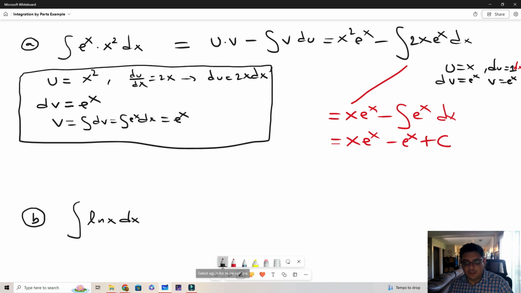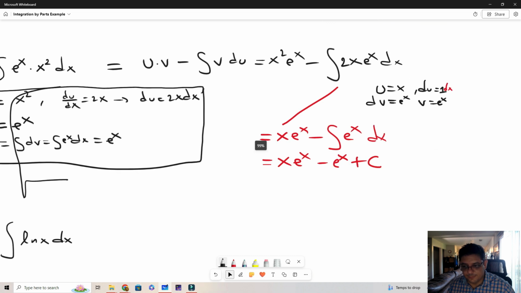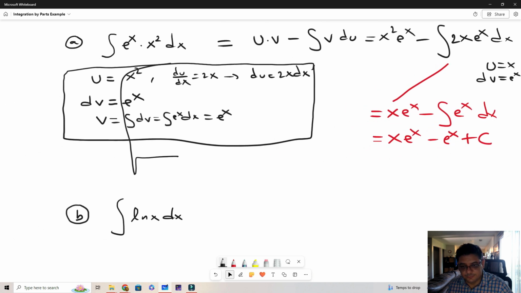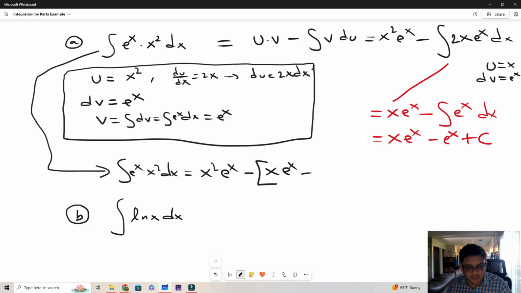Last but not least, this means that the integral of e to the x times x squared dx becomes x squared e to the x minus, and then I'm going to put here, x e to the x minus e to the x, and then everything plus c outside.